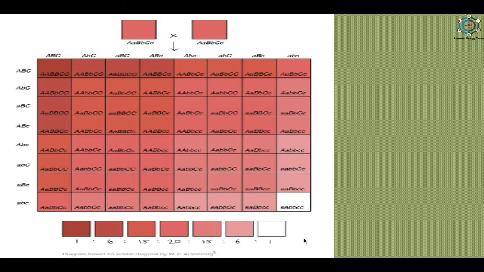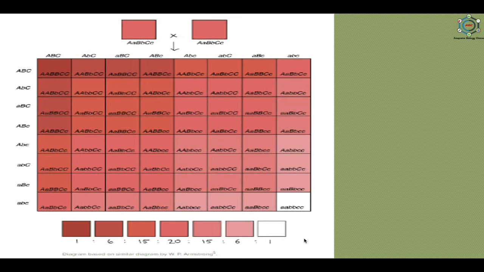So, the skin color of F2 offspring varies according to the number of genes for pigmentation they inherit. And here their skin color ranges from pure black, that is capital A, capital B, and capital C, in 1 by 64 individuals, through very dark brown in 6 by 64 individuals, dark brown in 15 by 64 individuals, and mulatto or intermediate in 20 by 64 individuals.